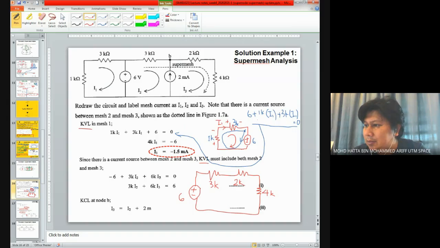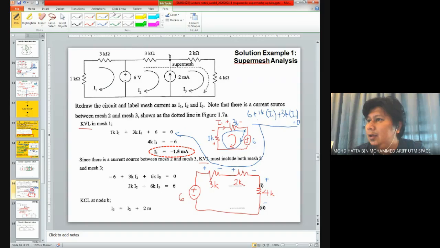And this is the super mesh that I would like to highlight, where you know that if we have a current flowing through here and also through here, we do have a voltage drop across these 3 resistors.